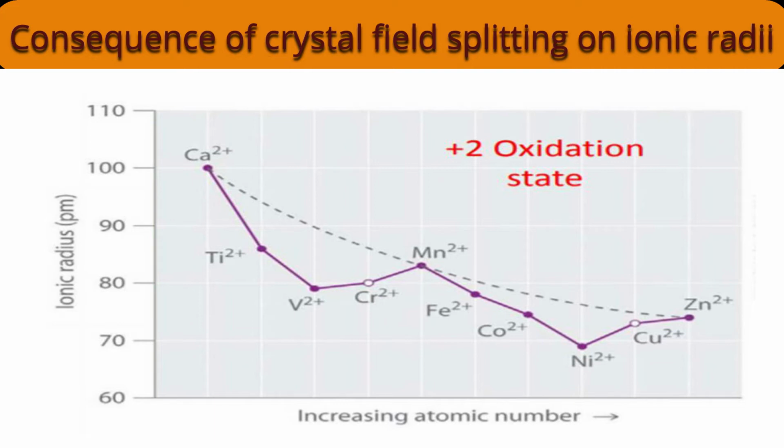On the other hand, the ligand will get shielded from the nuclear charge because electrons are coming in between. Because of that, the ligand will experience less attraction from the metal ion. So the distance between metal ion and ligand will be larger, causing a bigger metal ion. It means if there is an electron in the eg orbital, relatively the size will be larger. And if electrons are not there in the eg orbital, relatively the size will be smaller.